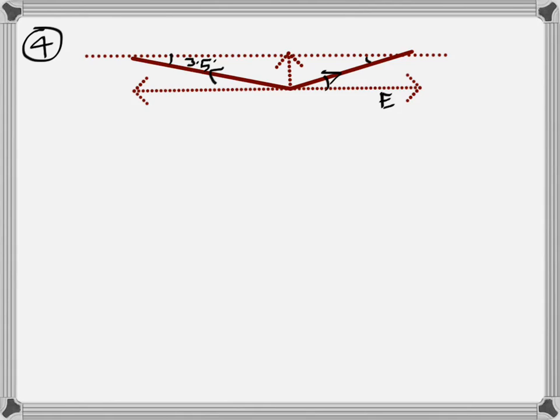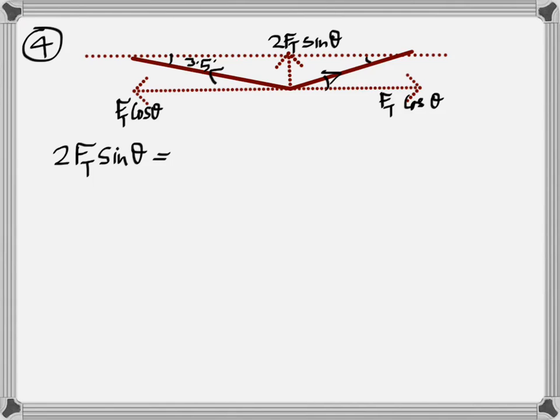This one was done in class, but here it is. The tension is resolved into Ft cos and Ft sin. The Ft cos components cancel out because you resolve this into 2 and do the same on this side.